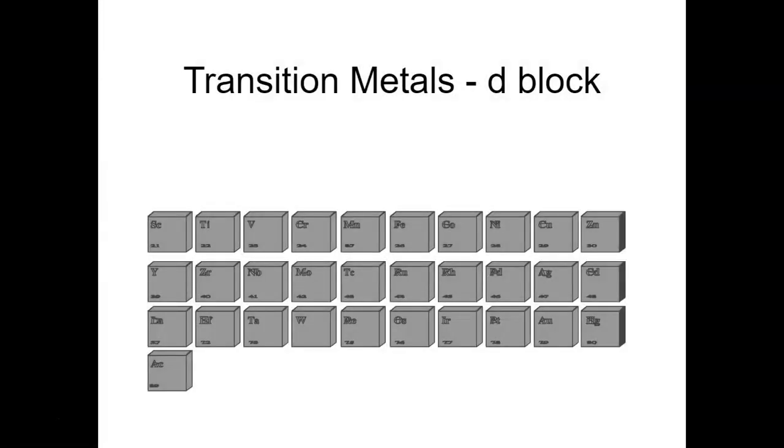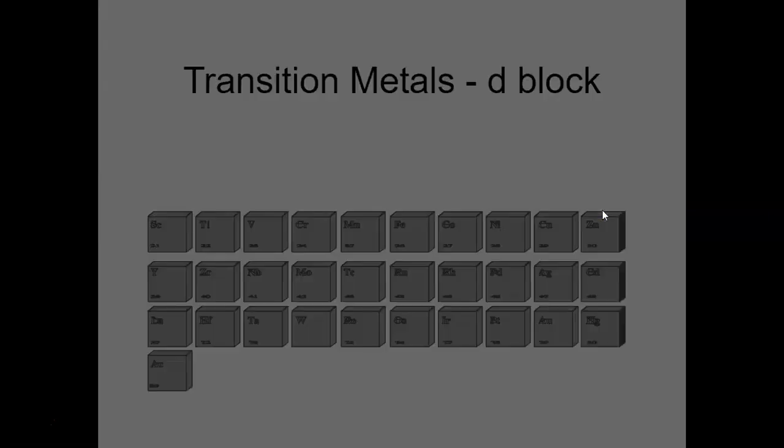Okay, transition metals, you're going to put D1, D2, D3, all the way across through D10. So starting above SC, put D1 and go across to zinc, ZN, and put D10.